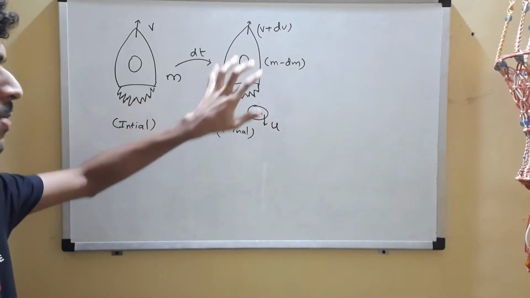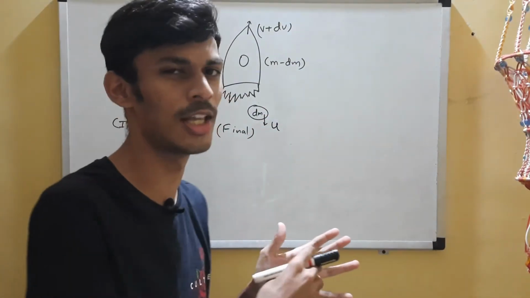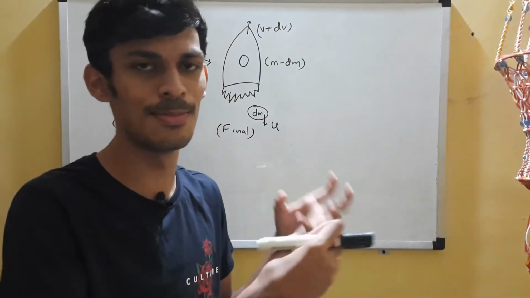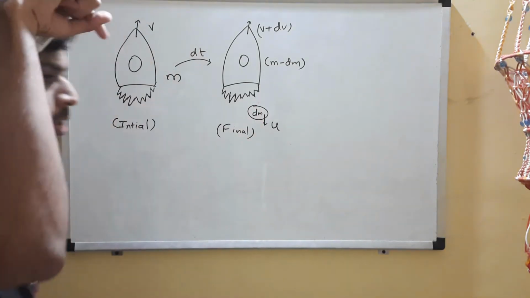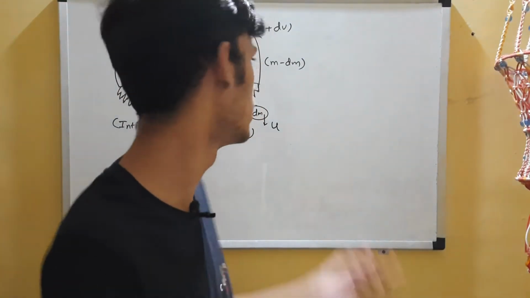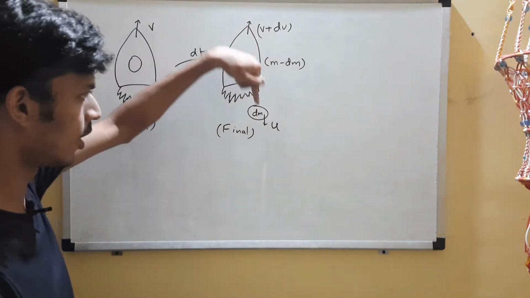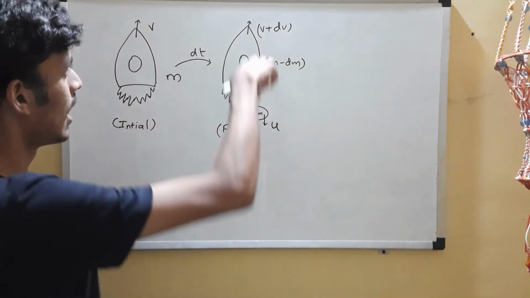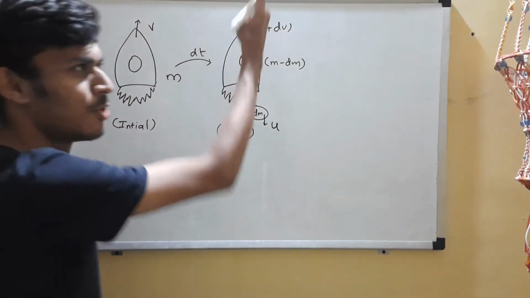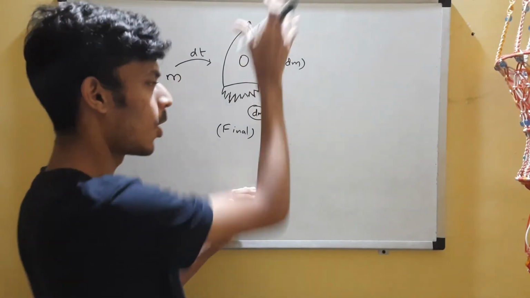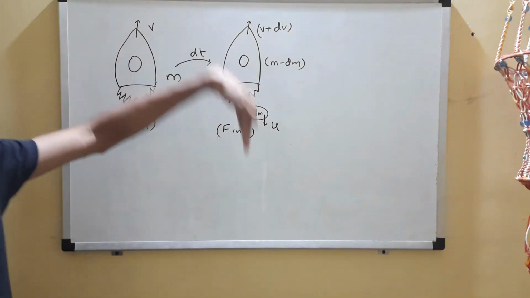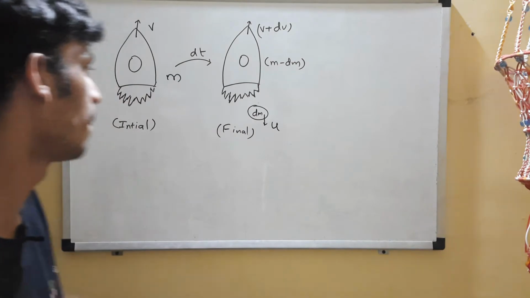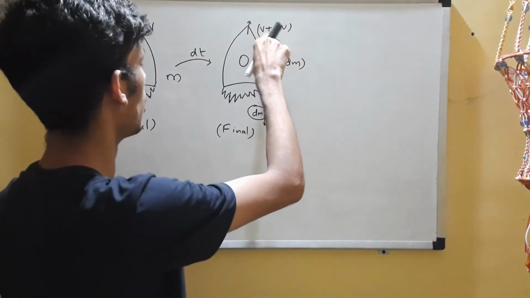So its mass becomes m minus dm. This burning fuel is thrown in the opposite direction. You can see that it is opposite to the direction of motion of your rocket, and it is moving with a velocity u.